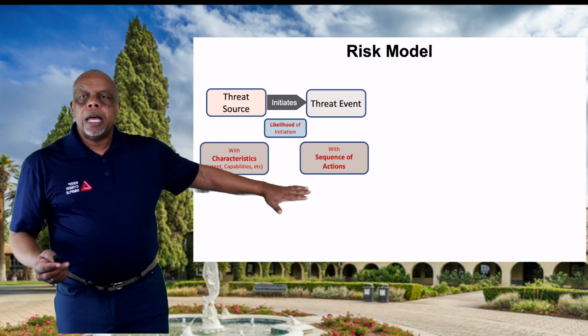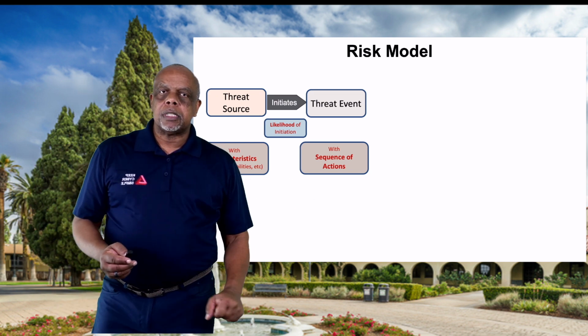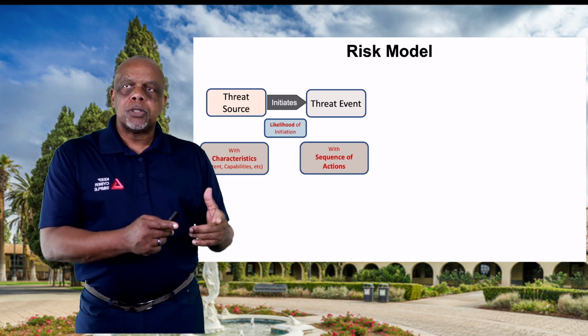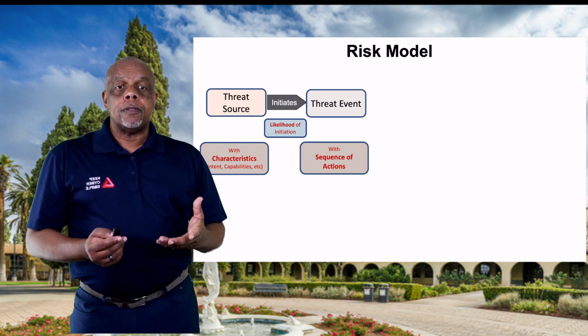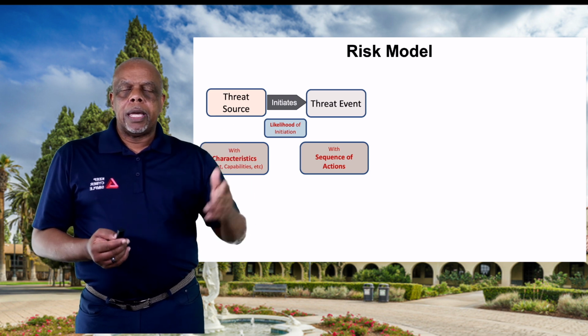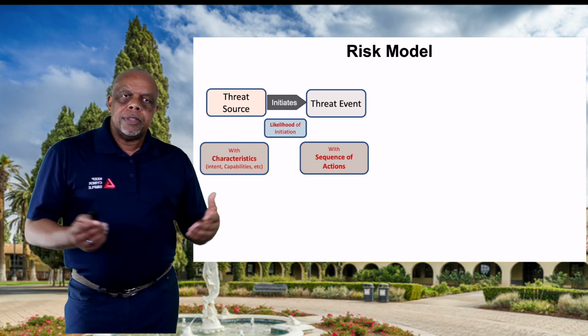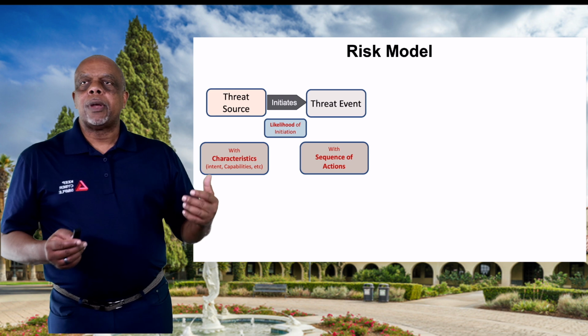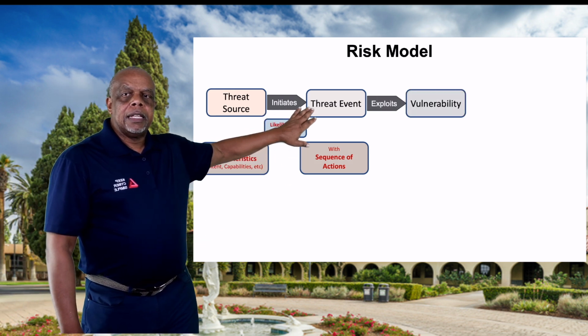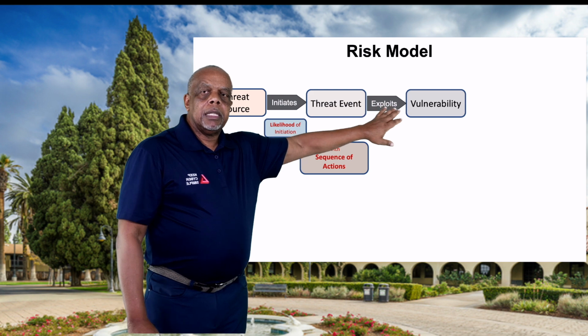The same with an insider threat. Now they have a sequence of action. I have exploited your username and password, and I know that you're a privileged user. So now I can start to privilege escalate and work my way up into your system using the advanced persistent threat model. Now this threat event is going to exploit a vulnerability.